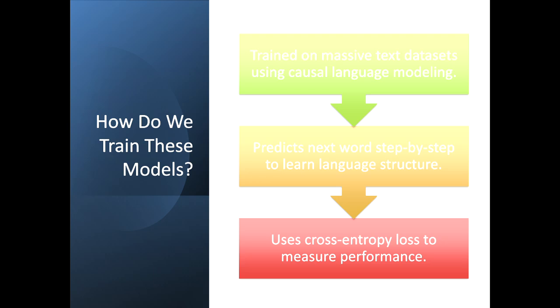And how do we train these generative models? Like we have seen in the prior video, models are trained on massive text datasets using causal language modeling and then predict the next word step by step to learn the language structure, and use cross entropy loss to measure performance.